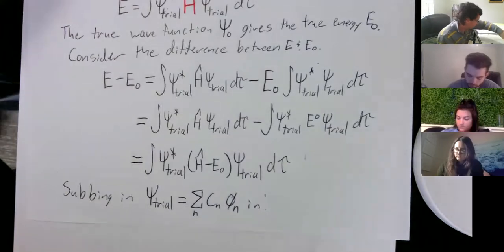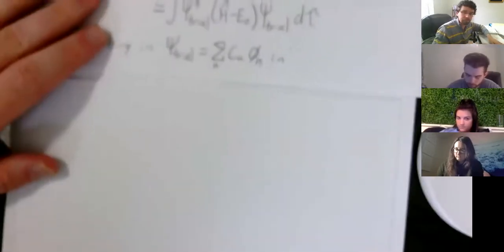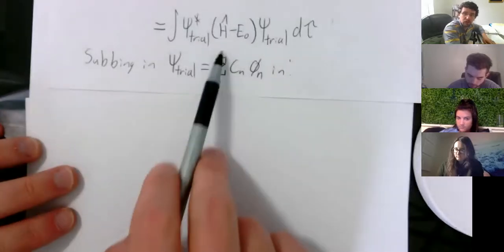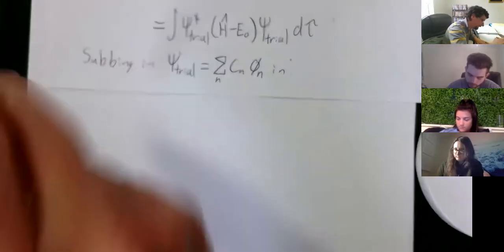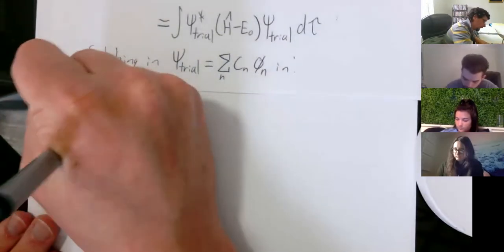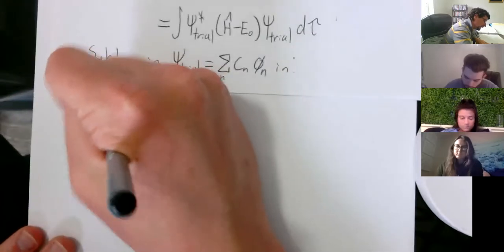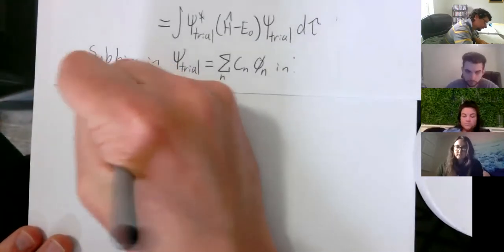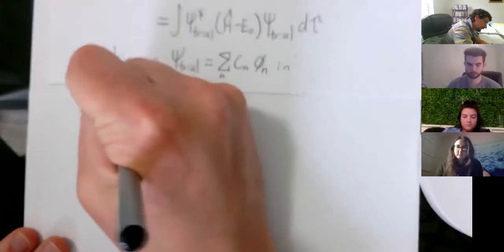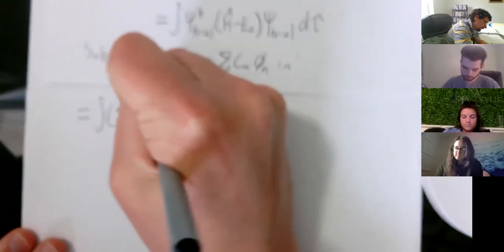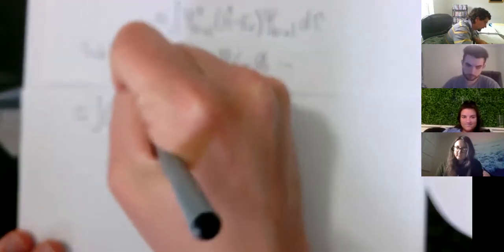Okay, so what's this going to look like? All we're doing is just pushing this into there. So now we get the integral, the summation from n by n.